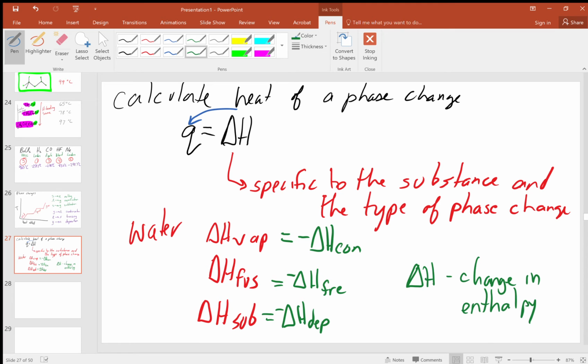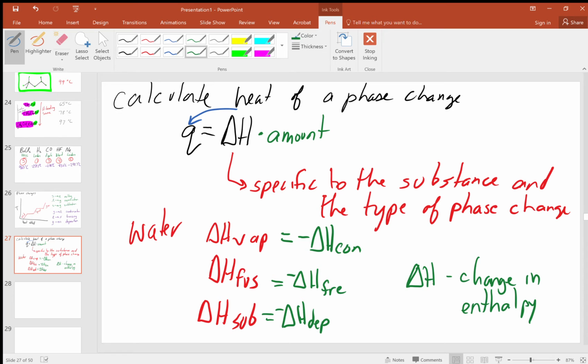All we have to do is multiply delta H times the amount. Now, what units does that amount need to be in? Well, it all depends on delta H. We sometimes find delta H as joules or kilojoules per mole, and sometimes we also find it as joules or kilojoules per gram.